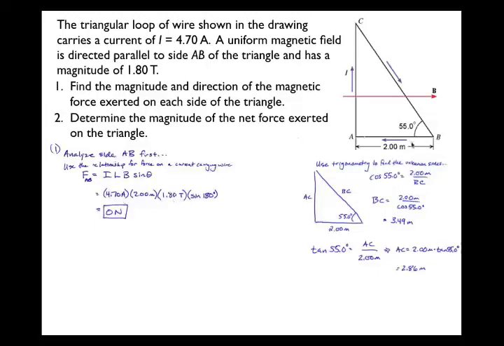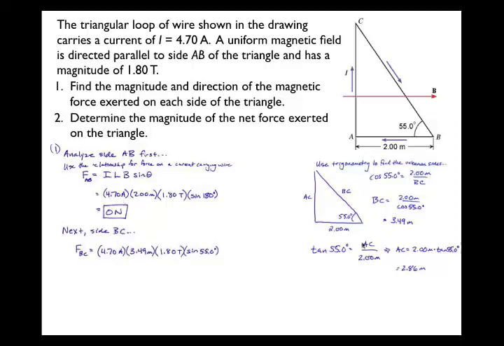A to B has 2 meter wire. The magnetic field is 1.8 teslas, but the current is showing flowing to the left and the magnetic field is due right. The angle between those two directions is 180 degrees. The sine of 180 degrees is 0, so the force on the bottom part of that triangular loop is actually 0.